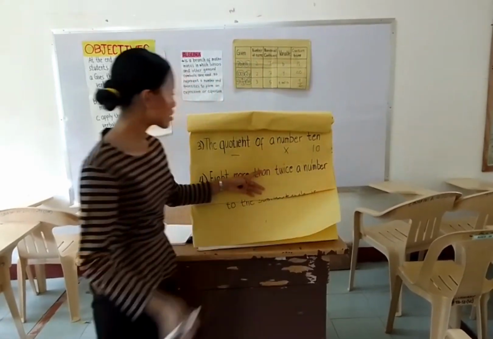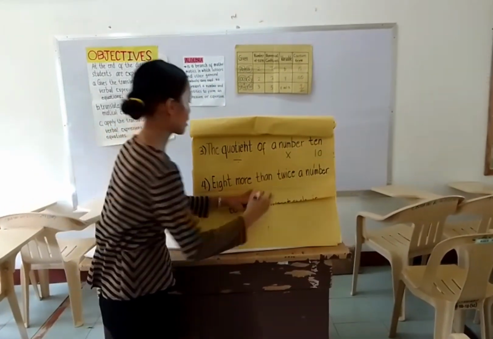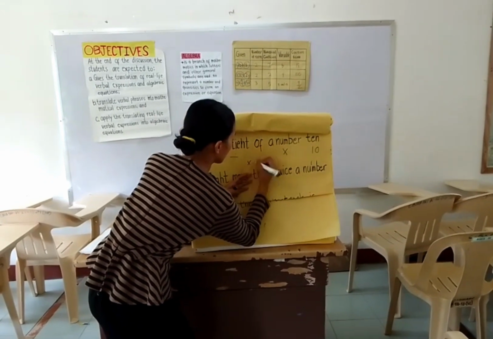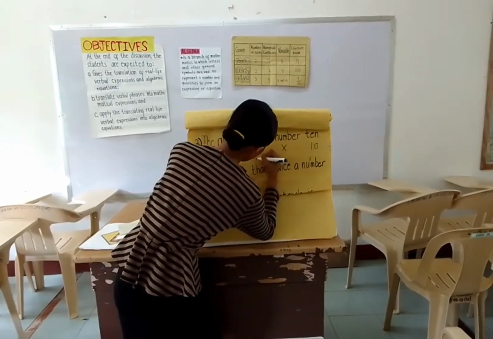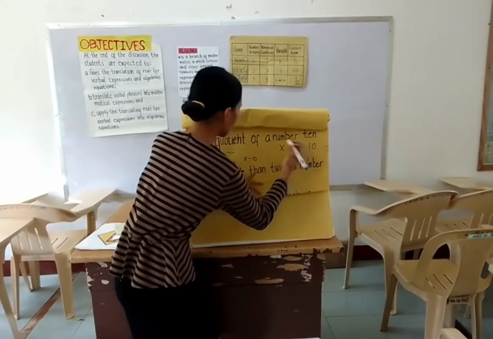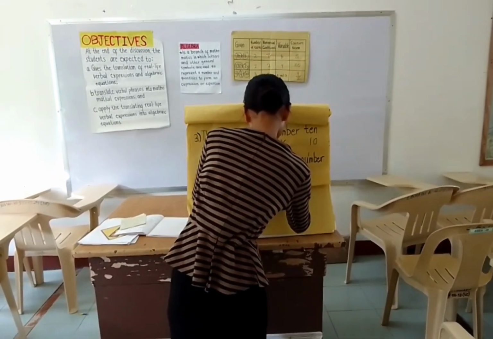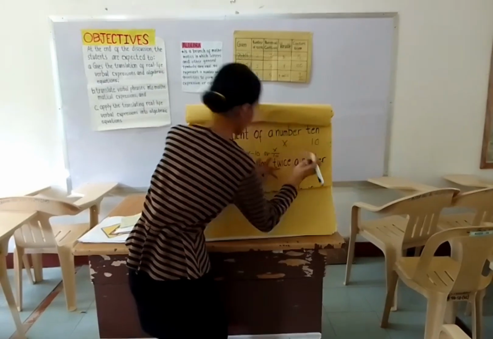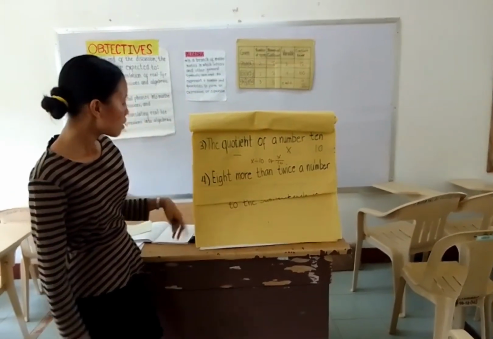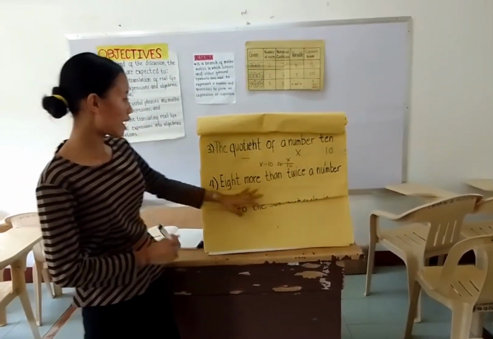So in algebraic expression form, it is x divided by 10, or x over 10.